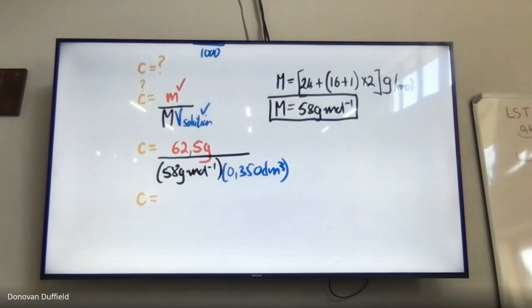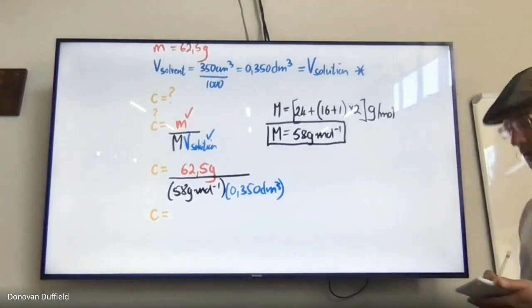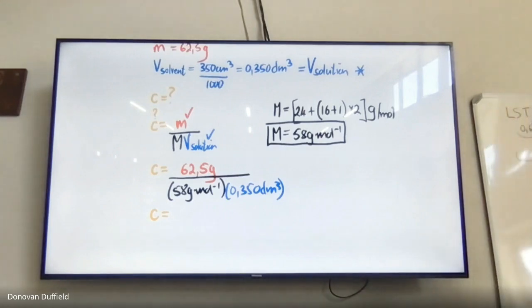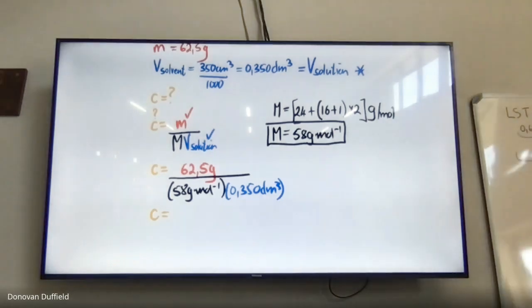That's 62.5 divided by 58 divided by 0.35, and you get a concentration of 0.377 mole per cubic decimeter.